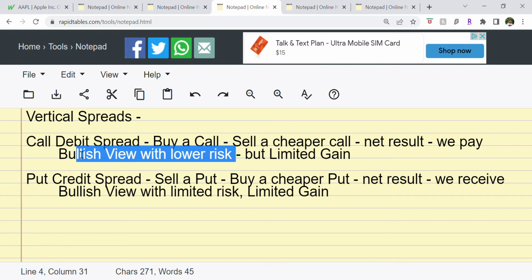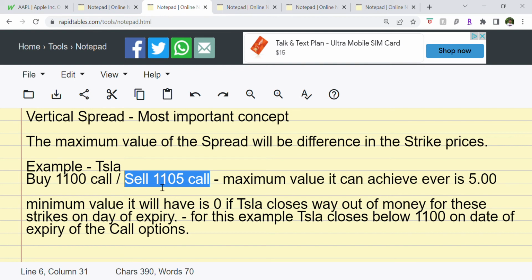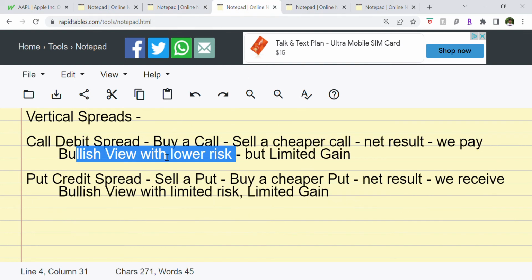Even if Tesla goes to 2500, even if it more than doubles its price in the next week, the maximum you are going to gain is 500, because the maximum a call debit spread can go is the difference between the strikes. So 1100, 1105, it can go maximum to 500. But it is a good strategy.